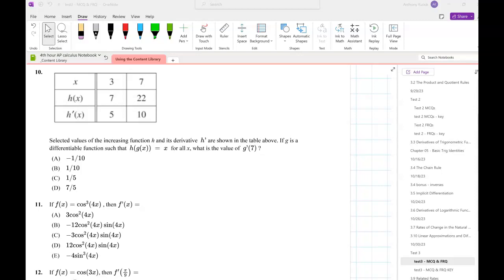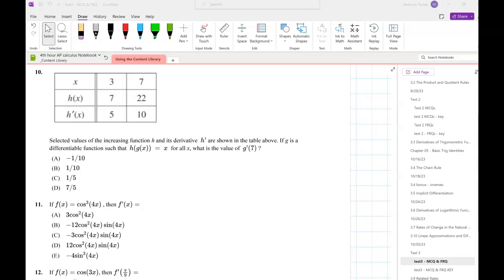That's the formula for the derivative of an inverse. We did that in the 3-4 bonus, I think, right? Yeah. So we did that to get our equation for g prime. So we plugged in the 7 for the x in g prime of x.